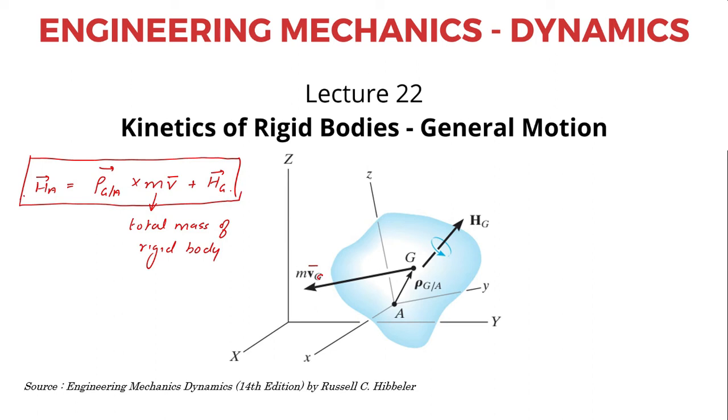Now the next topic we shall discuss today is regarding the inertial properties. We had derived the corresponding equation for the angular momentum with respect to the mass center. It was a long equation.